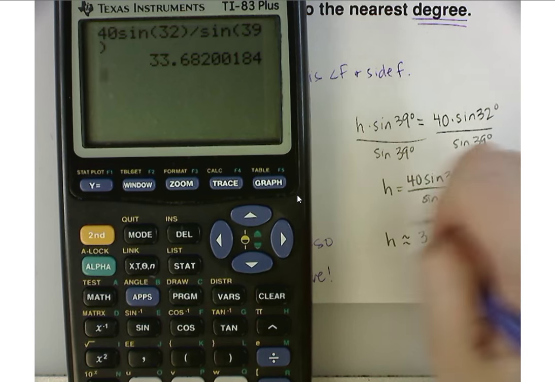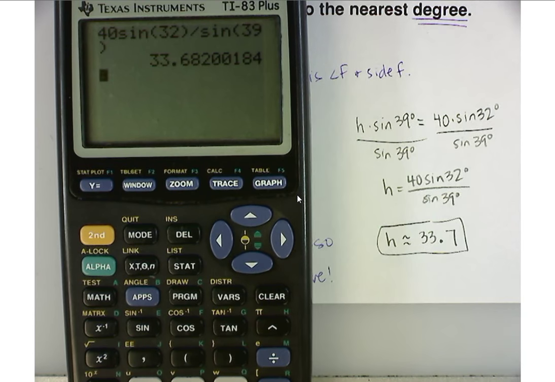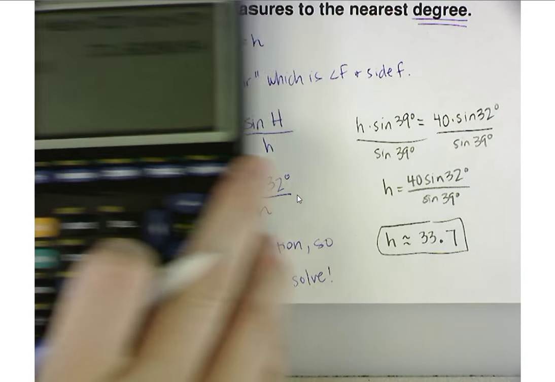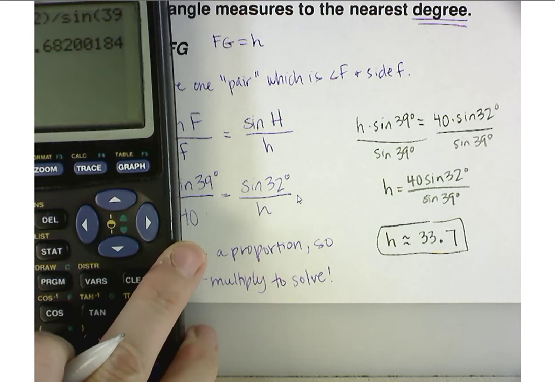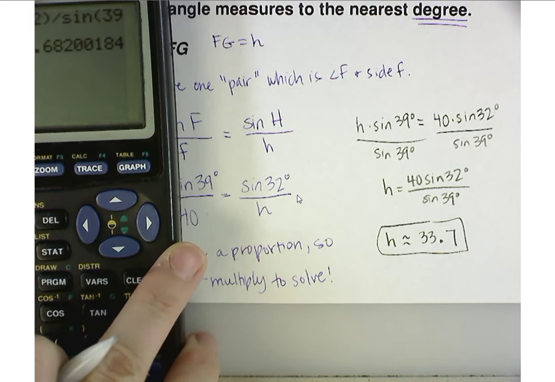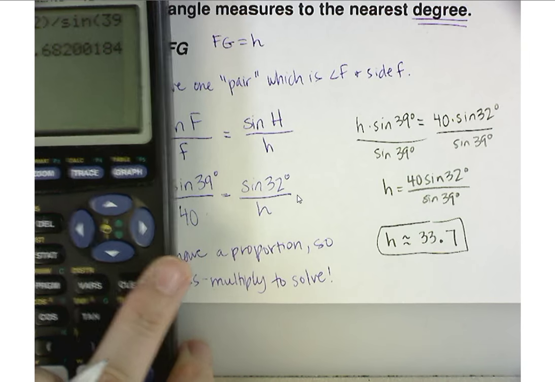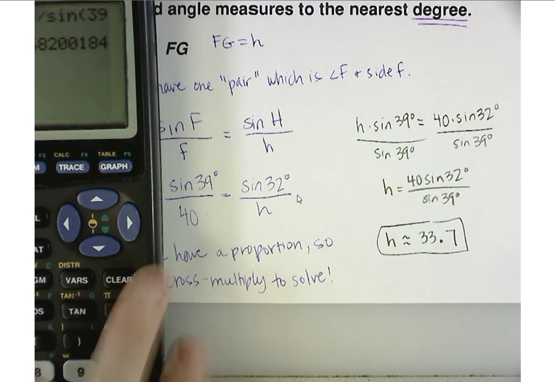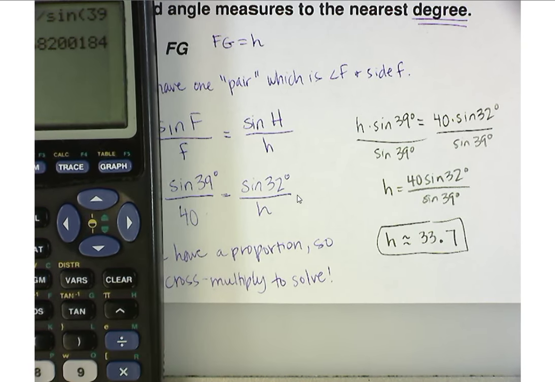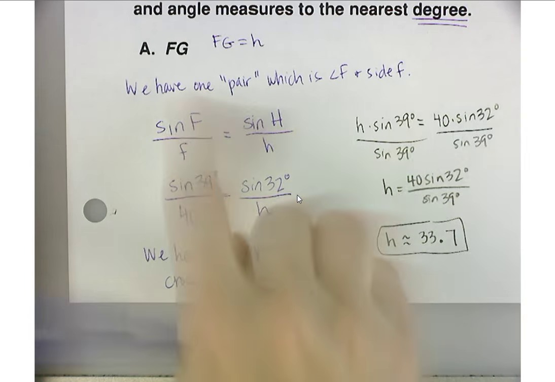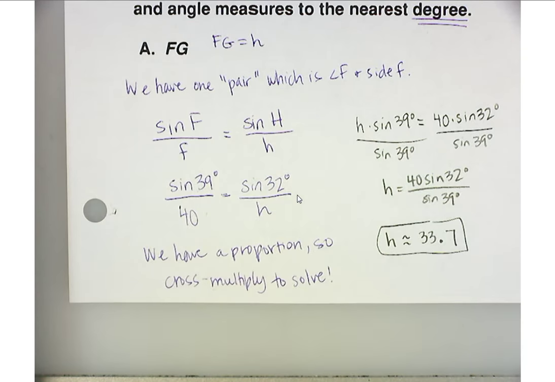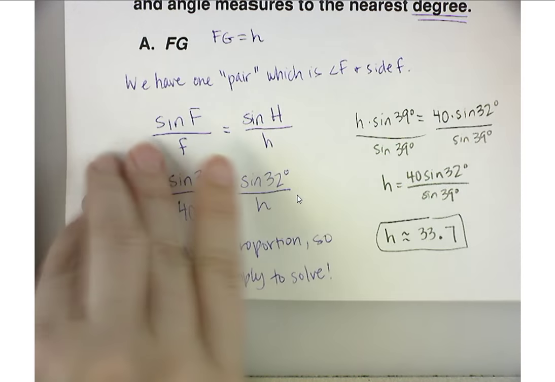Okay, and then so that's my side H. Okay, and that's all I have to find for that one, right? Just FG, so just side H. All right, let's flip it over.